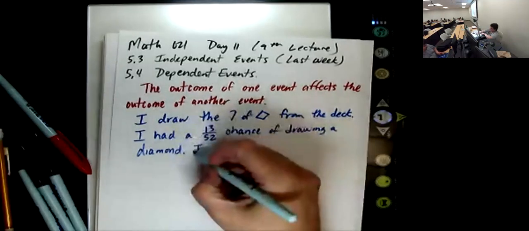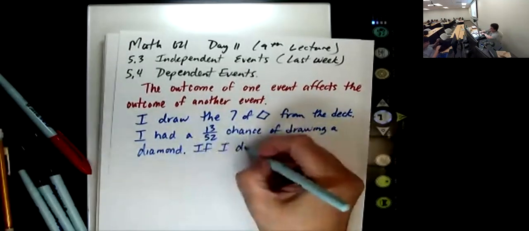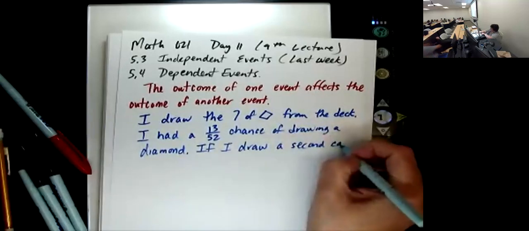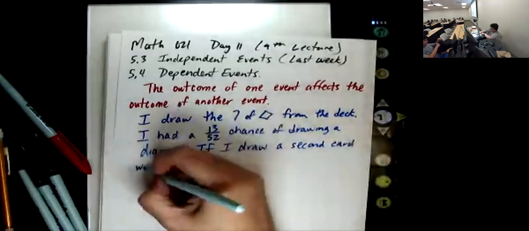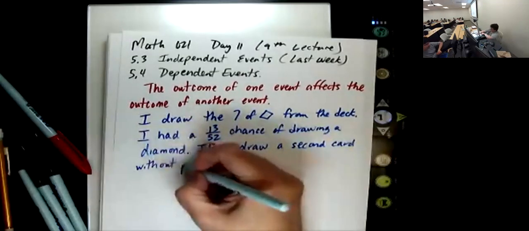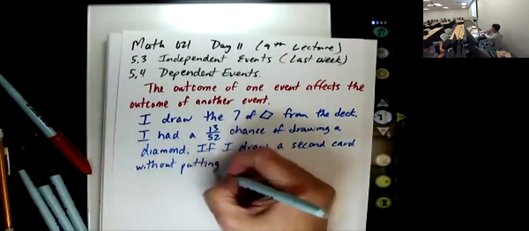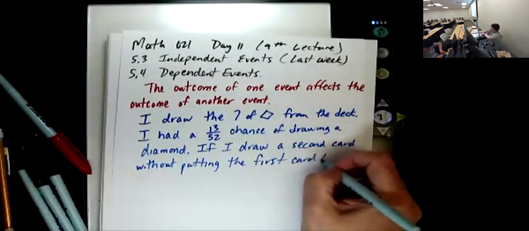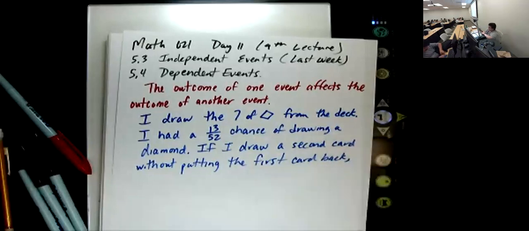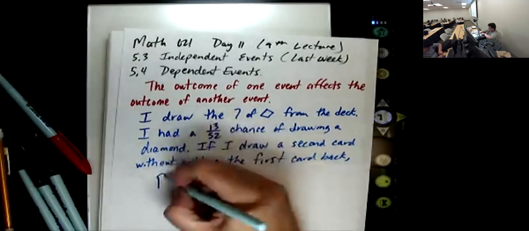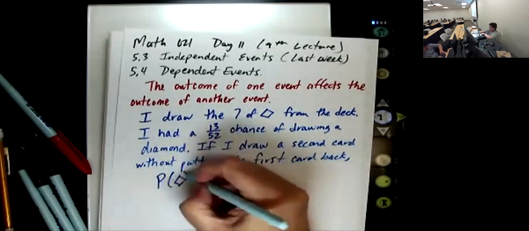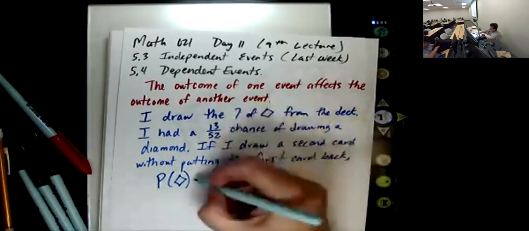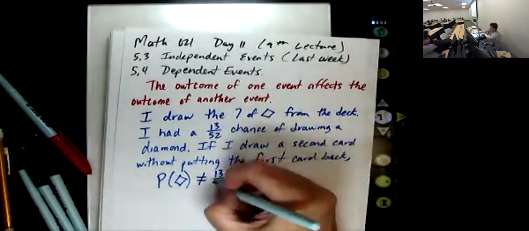If I draw a second card without putting the first card back, the probability of getting a diamond is not 13 out of 52.